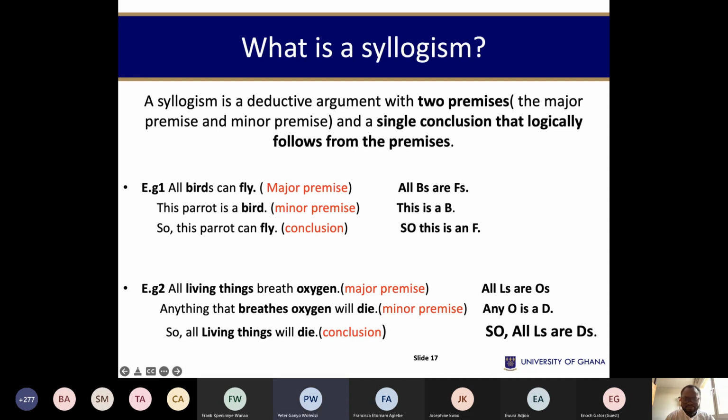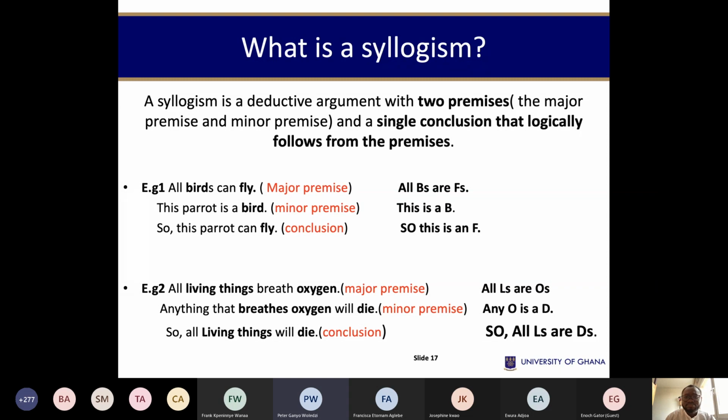Okay, so can we say a syllogism is a 3-line argument? What if I don't write my argument in 3 lines? Obviously there will be a problem with your definition. Then why are we limiting syllogism to deductive arguments?